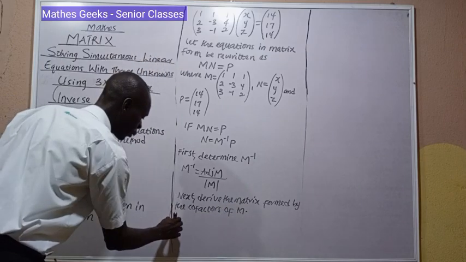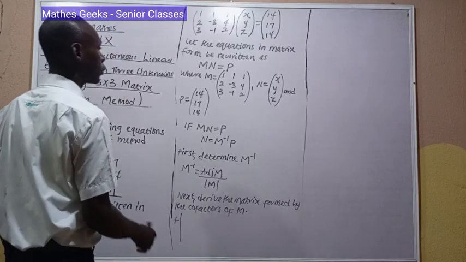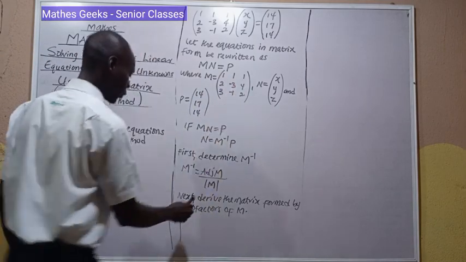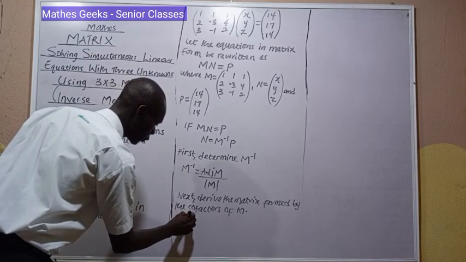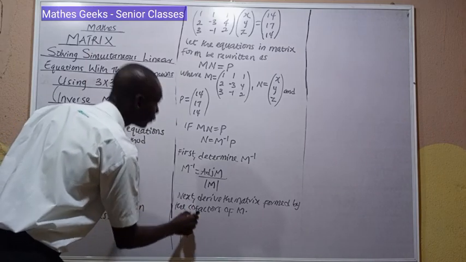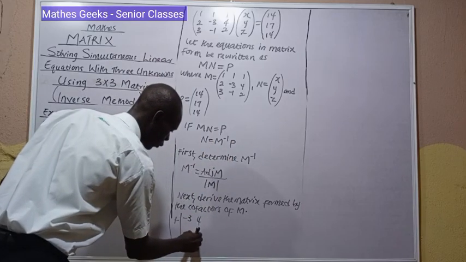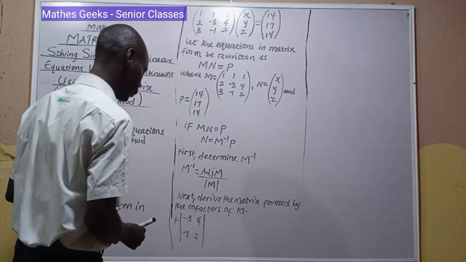That will give us plus, for the first row, first column, the minor minus 3, minus 1, 4, 2.